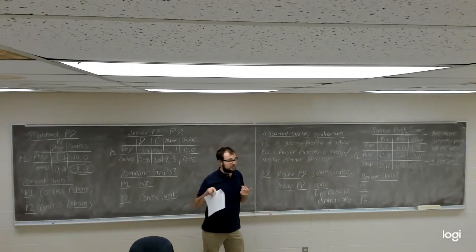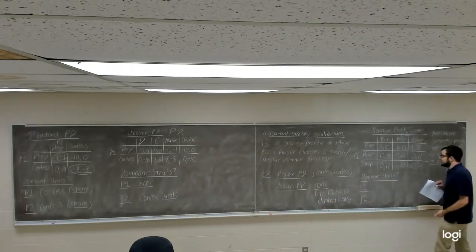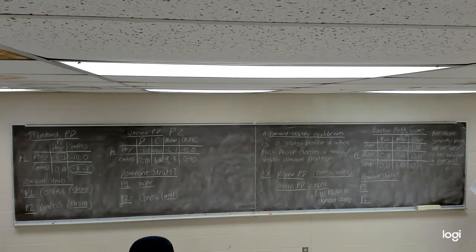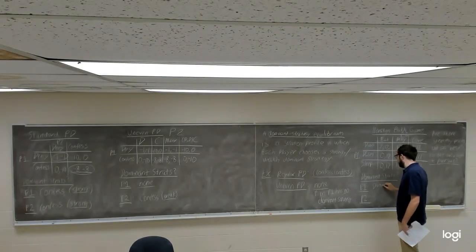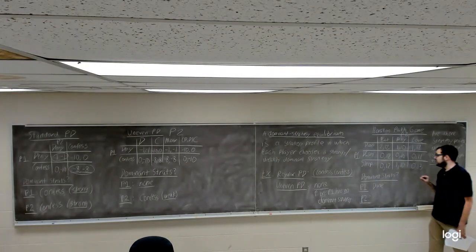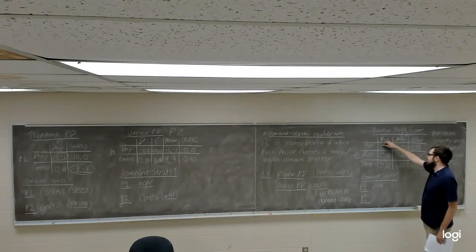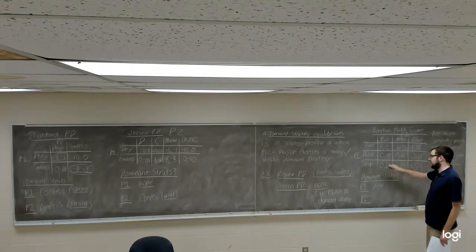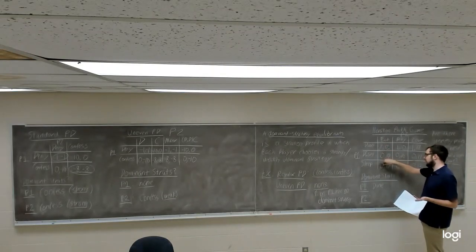Okay, now that you've had time to think about these, let's evaluate. First of all, does player 1 have a dominant strategy in this game? I would say that yes, they do, and that the strategy of dine for player 1 is going to be a dominant strategy for them. Because if player 2 chooses eat, dine is strictly better than dash and sleep for player 1. 2 beats 0 and 0.